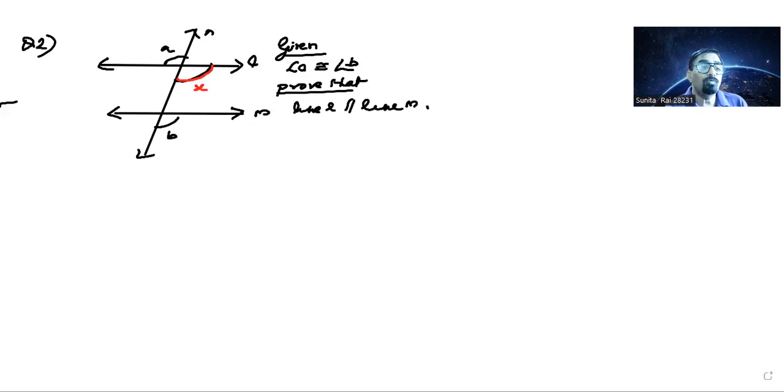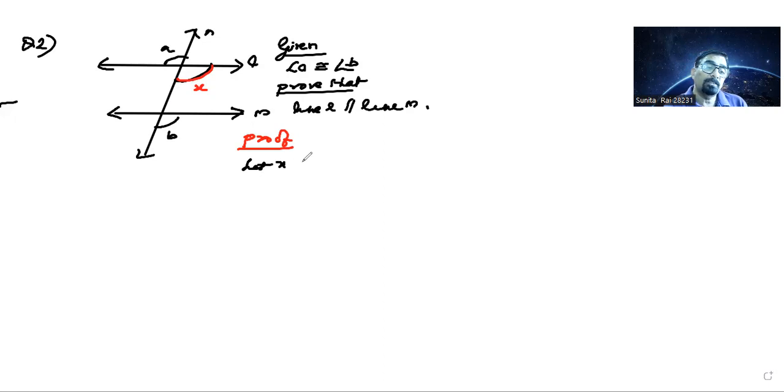So in my proof also I will write down: let X represent the angle forming a corresponding pair with angle B. Okay, you can see here.